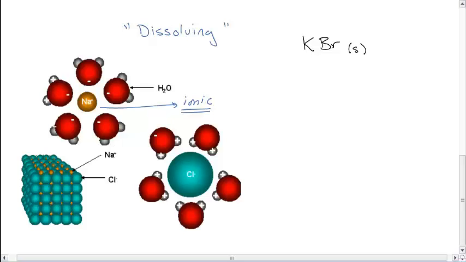When they exist as solids, they look like these crystal structures. But as soon as you put those crystals in water, they dissolve. And the reason that they dissolve is that water is a polar molecule, which means it's got these positive ends and these negative ends. And ions love to hang out in water.